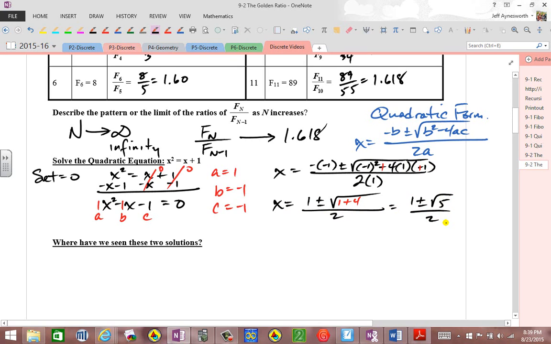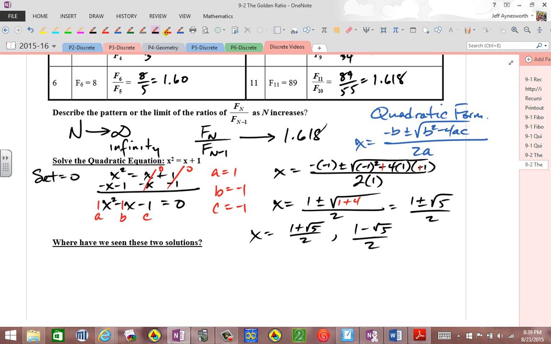Well, this gives me two solutions, obviously. So x is equal to 1 plus root 5 divided by 2. It also gives me 1 minus root 5, all divided by 2.